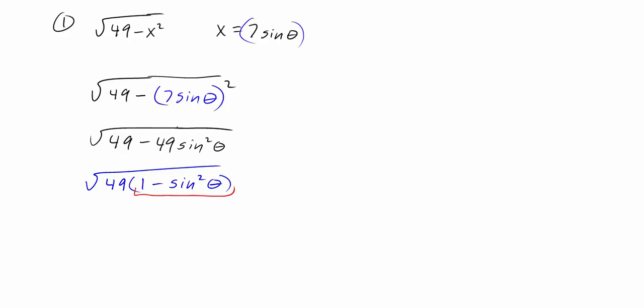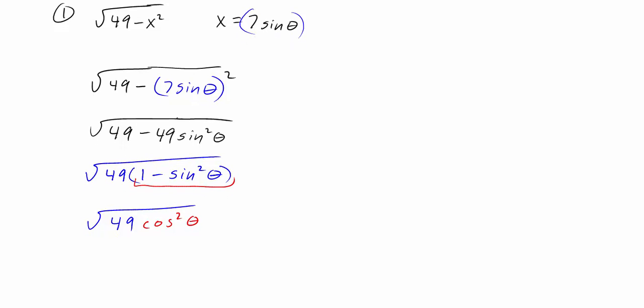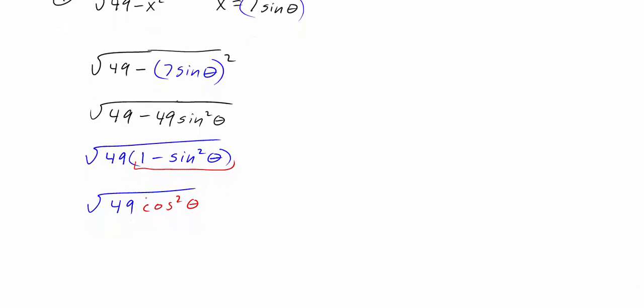So 1 minus sine squared is going to be equal to cosine squared. So all of that becomes cosine squared theta. Now we changed it from subtraction to multiplication, and now we can take the square root and make this 7 cosine of theta.